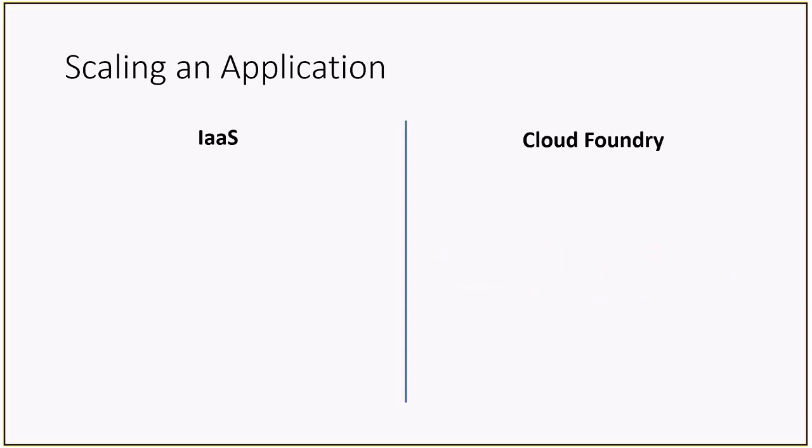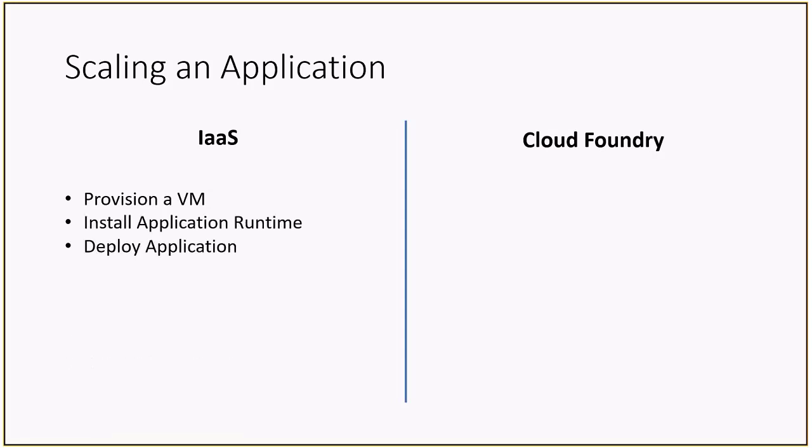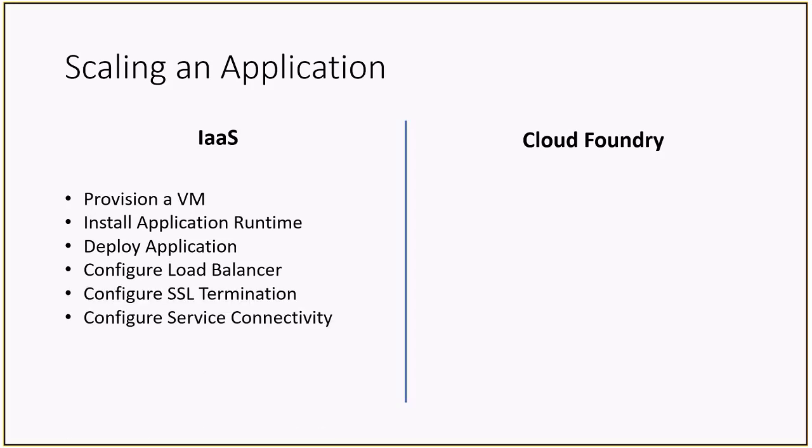Now, scaling an application. We looked at deploying an application, and scaling pretty much follows the same paradigm. If you had to scale your application on IIS, you would get a new virtual machine, install the application runtime, deploy the application, and configure the load balancer, SSL termination, and service connectivity.